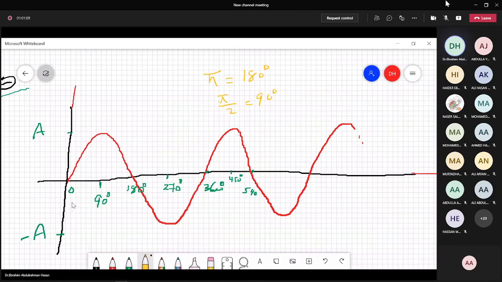The difference from here to here is pi over 2. So if this is 0, then this one is pi over 2, this is pi, this is 3 pi over 2, this is 2 pi, and here it is 5 pi over 2. This is 3 pi and so on.